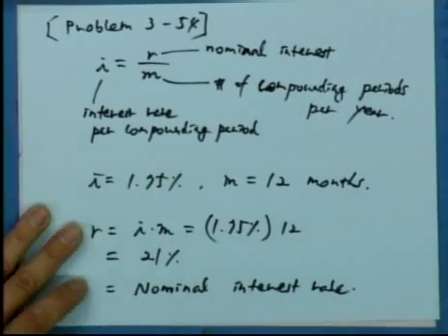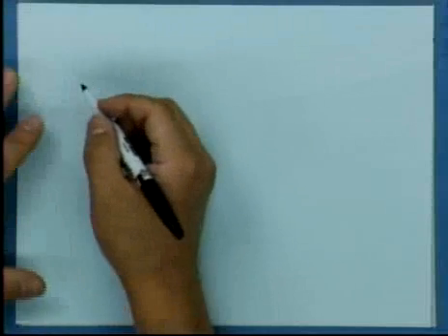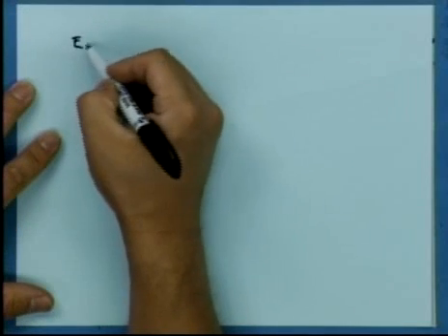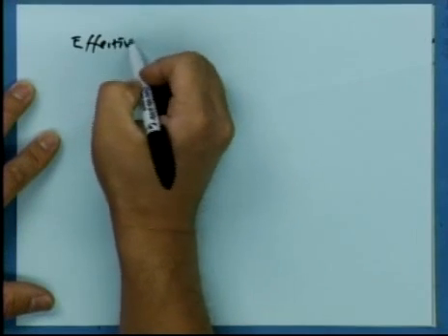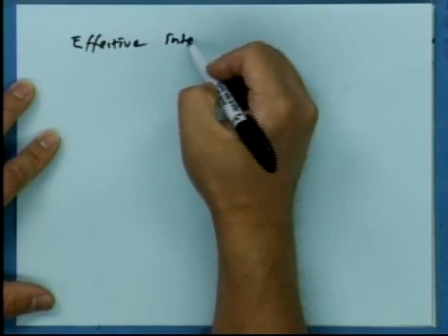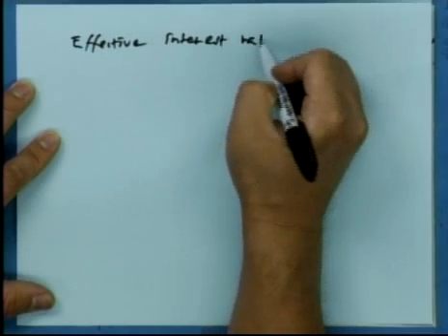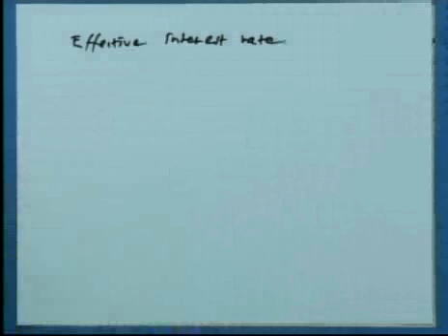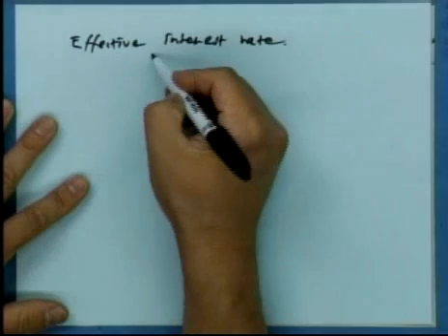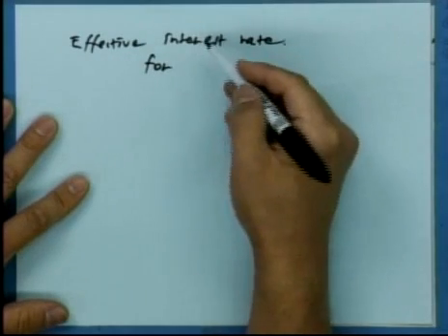Then how do you calculate the effective interest rate for continuous compounding?